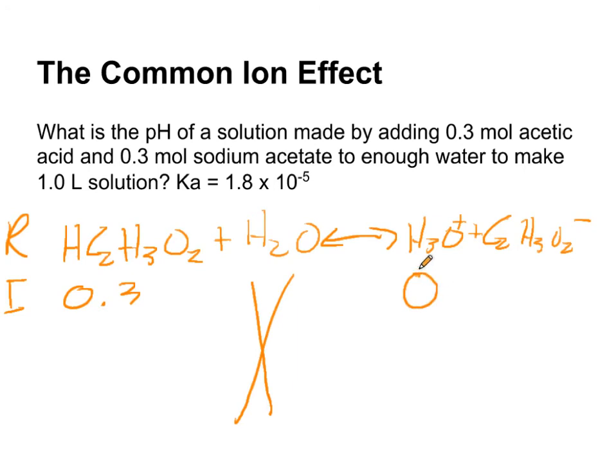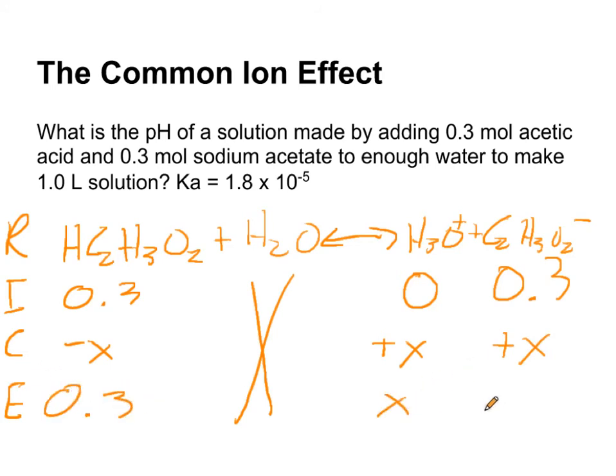Now, sodium acetate has the acetate ion in common. Sodium's not showing up in our dissociation reaction, it's just a spectator, but we do have some sodium acetate present, so this would actually be 0.3 over here. Through the rest of our Rice table, we have minus x, and plus x here. We'd have to indicate that we use the weak acid assumption again to have 0.3, x, and 0.3 again.